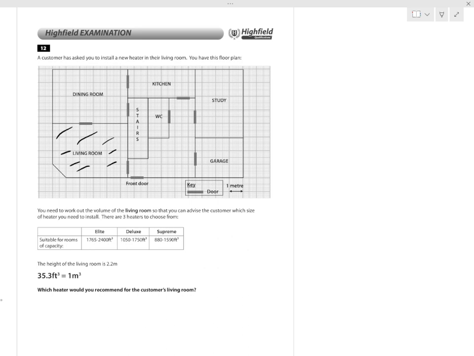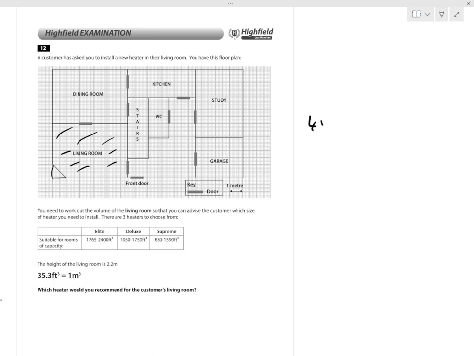Okay. So the volume of this, if we've got a key, that's 1 meter. So let's do the whole thing, and then we'll take away that little corner there. So if we did a whole thing there, we've got 1, 2, 3, 4, 5, 5.5 times 1, 2, 3, 4.